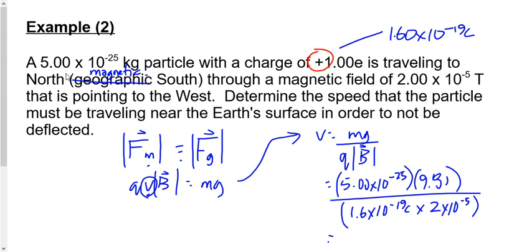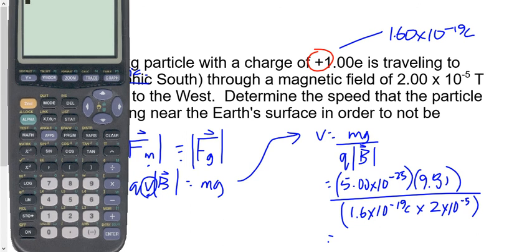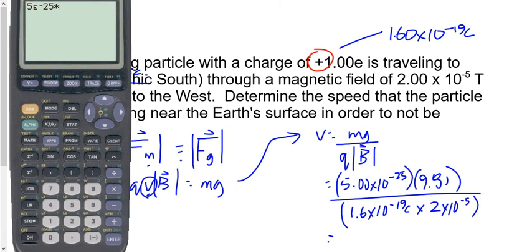All right, let's see what we got here. Say 5 times 10 to the minus 25 times 9.81. Sorry, 9.81, let's try that again. 5 times 10 to the minus 25 times 9.81.